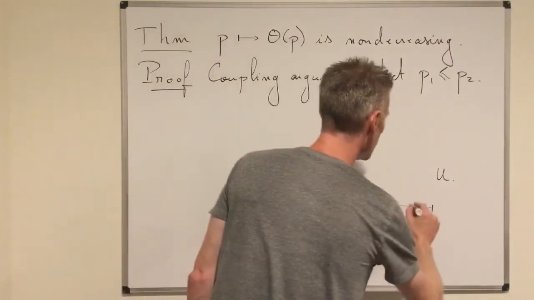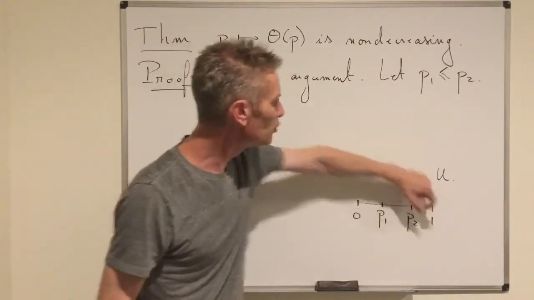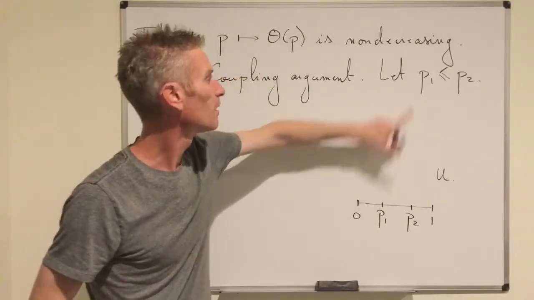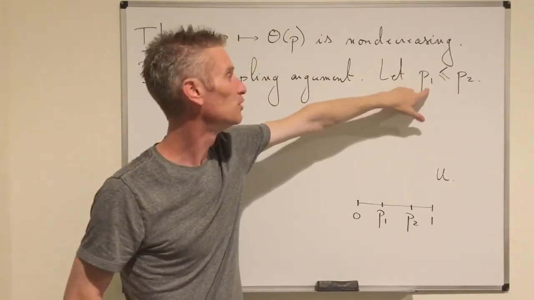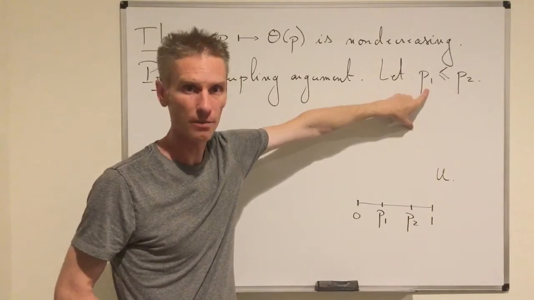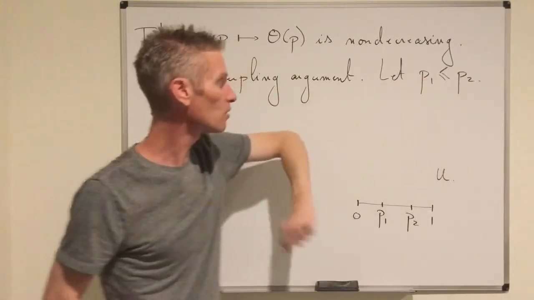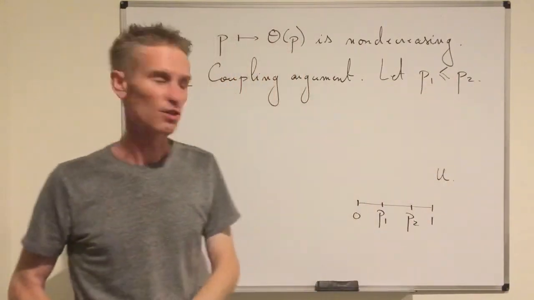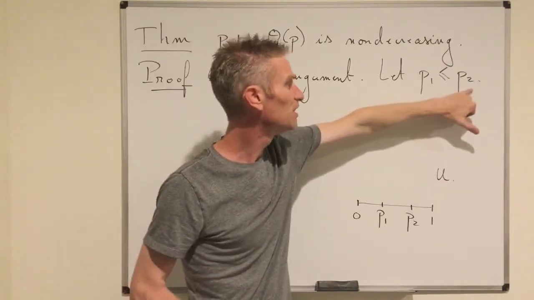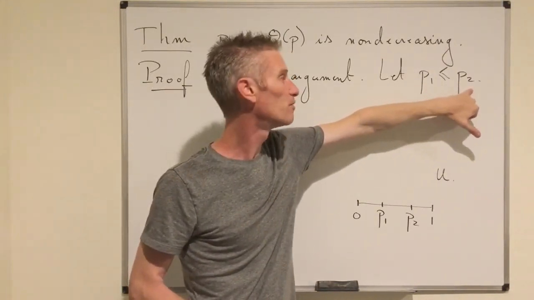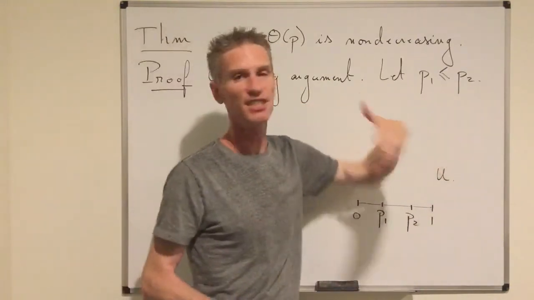I'm going to say that if U is less than P1, then the corresponding edge in the first process is going to be open. But if U is larger than P1, then this edge is closed. Same story for the second process. If U is less than P2, then the corresponding edge is going to be open for the second process. But if U is larger than P2, then this edge is going to be closed.